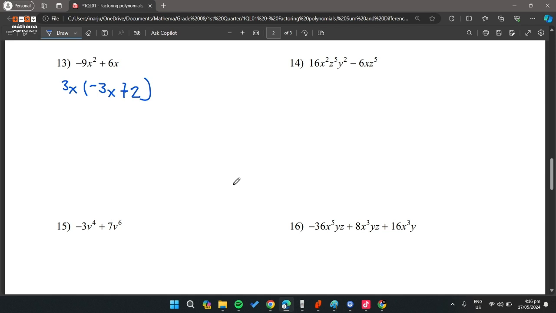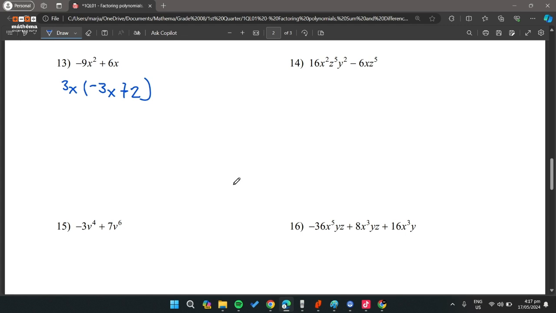What is our common factor? 2xz squared, that is also not correct. What should our factor be? What is the lowest exponent of z? 2xy?